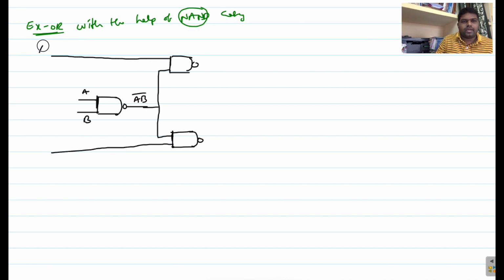So this is A and this is AB bar, and this is B and this is AB bar. Now these two are connected to one NAND gate.